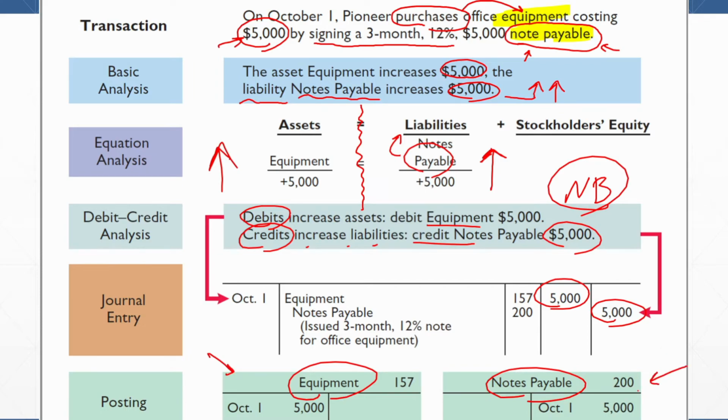How do we do that? Transfer dates first into related ledger accounts, and then we transfer the amount. Here 5,000 is debited for the equipment, so we put it in the left side of the equipment account, and notes payable is credited in our journal, so we transfer this number to the credit side of its related T account.